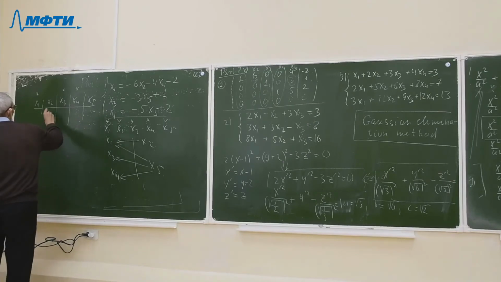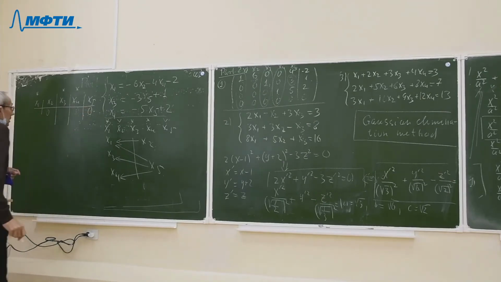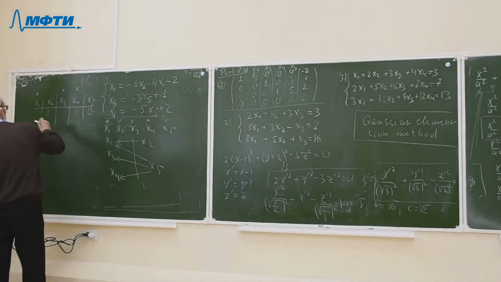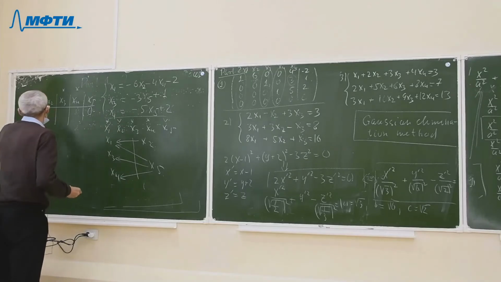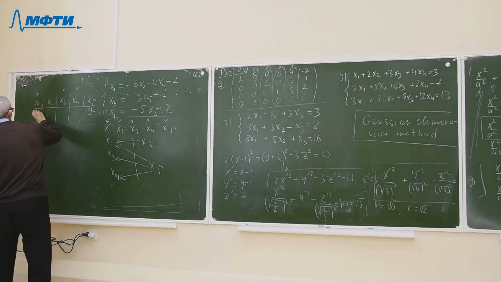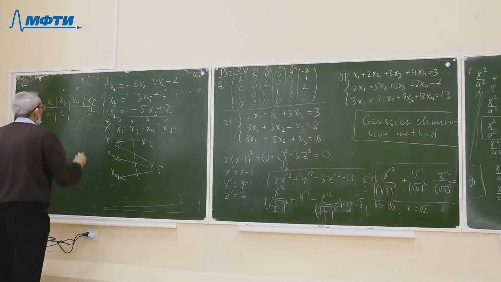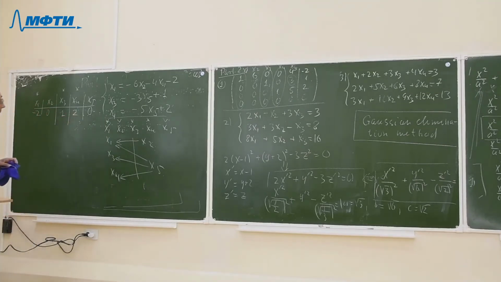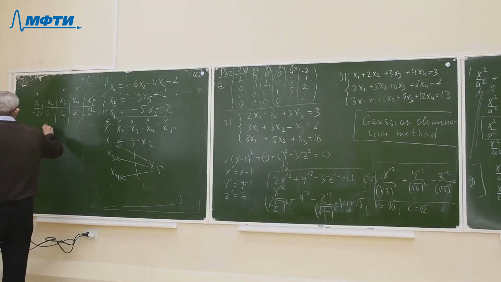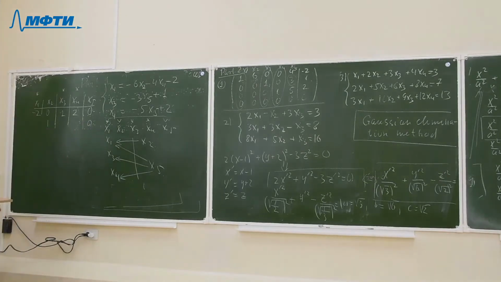I put x2 and x5 equal 0. And in this case, I obtain that x1 is equal minus 2, x3 is equal 1, x4 is equal 2. If, for example, x2 is equal 1, x5 is equal 0.